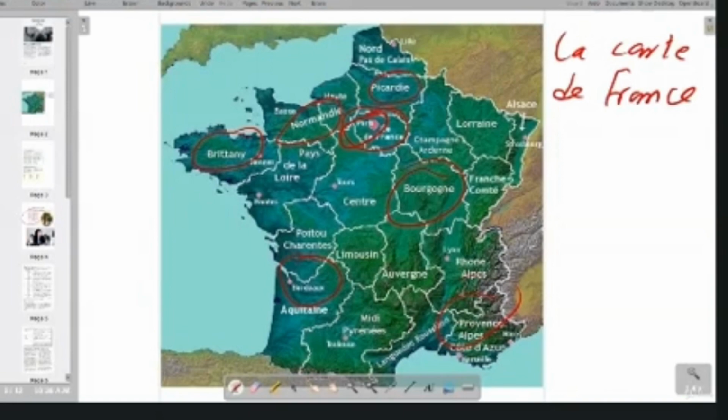Then over the years, this French that's spoken in the Paris region became standardized, and now that is what you call the standard French, the international French, some people may say. Some people may say the Parisian French.